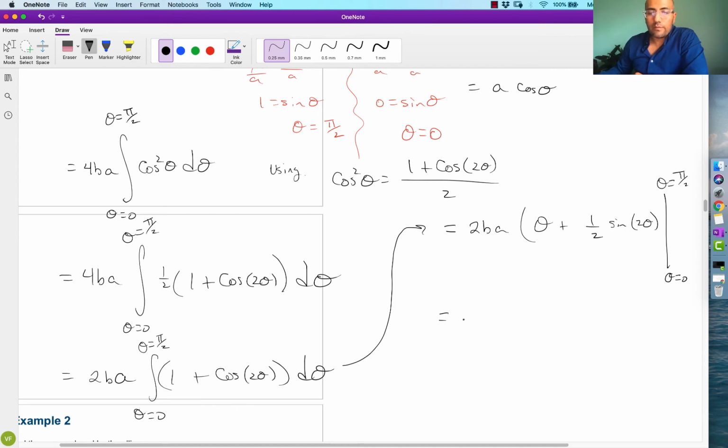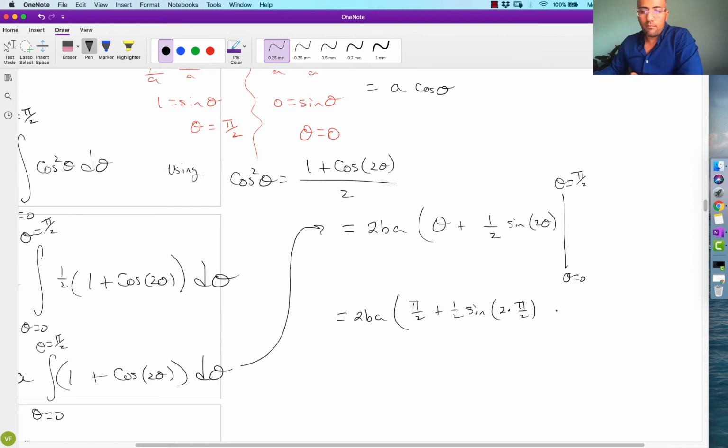Good. So then this becomes 2BA, parentheses. Then we put in that pi over 2 plus 1/2 sine of 2 times pi over 2, minus, and put a big parentheses here, for the case where we plug in pi over 2, minus, and then parentheses where we put theta equals 0.